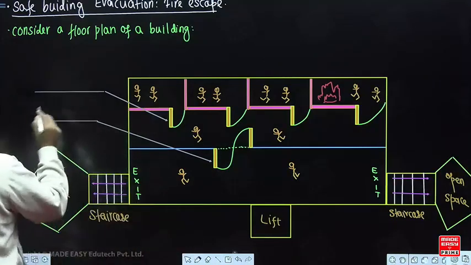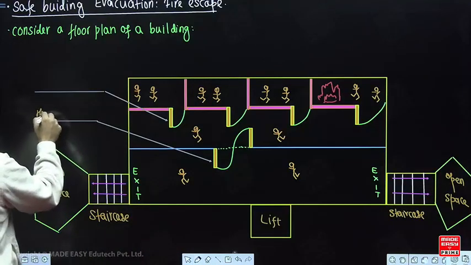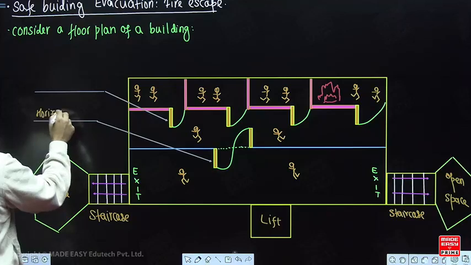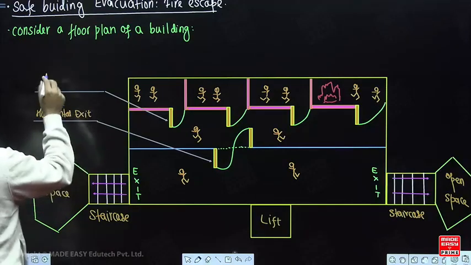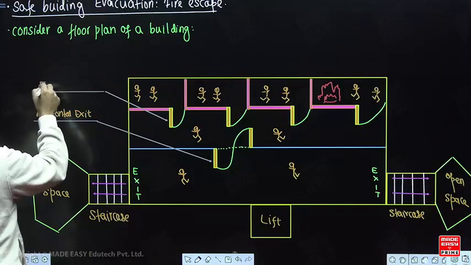These are called horizontal exit, two side openable door, and this is called exit doorways.